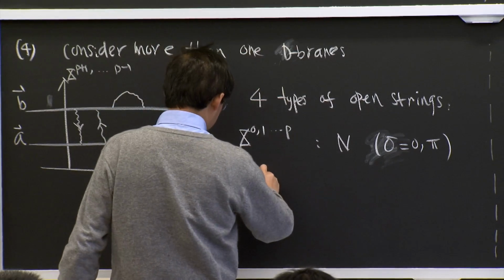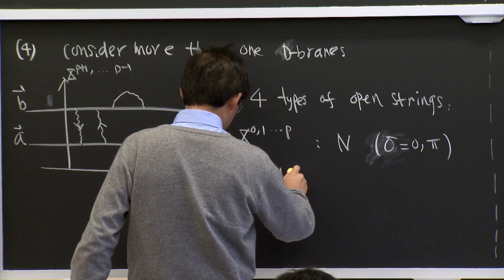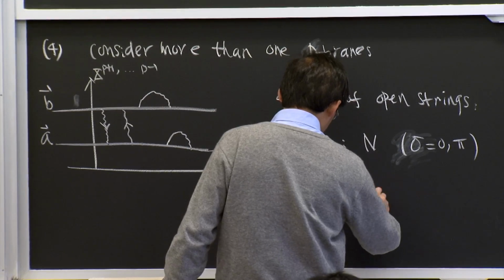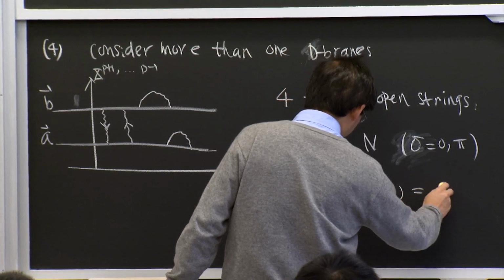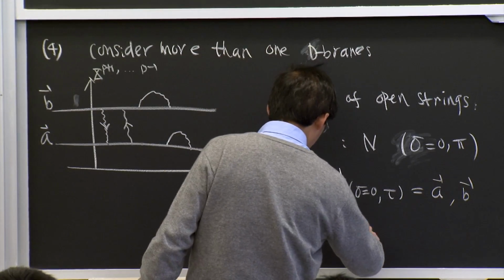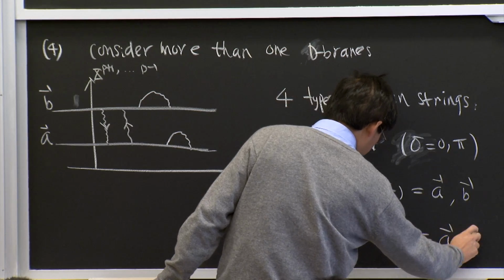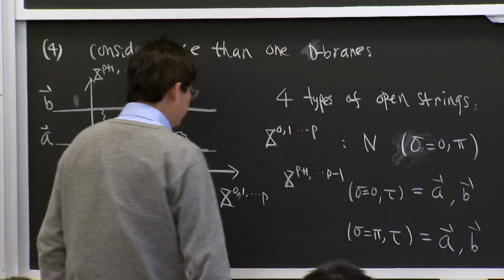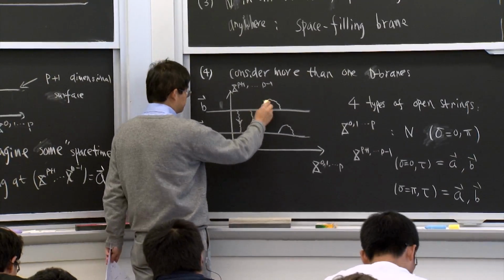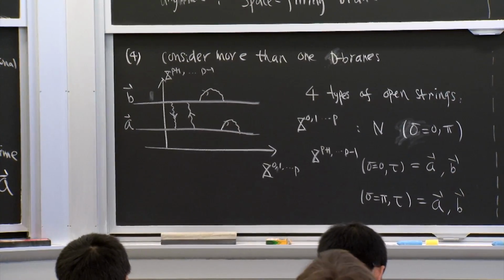But for the other directions, you can have either, your sigma equal to 0 can either be at A or B, or sigma equal to pi can either be at A or B. Okay? So that gives you the 4 types of different strings.